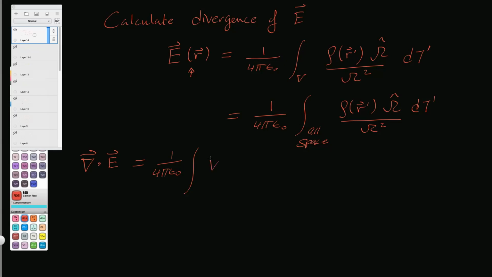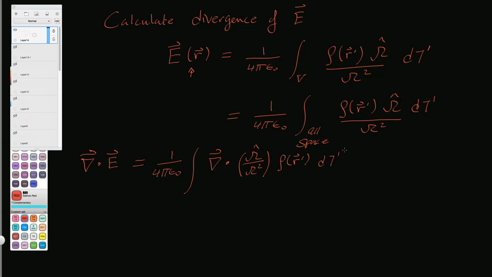And then del dot. And then what are the vector components of this? Well, it's just omega hat, but I'm going to write it as omega hat over omega squared and rho of r prime. Now that del is taking the derivative of, well, okay, let's think it through.